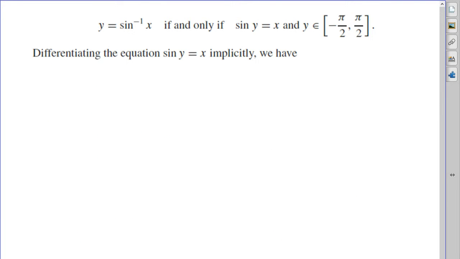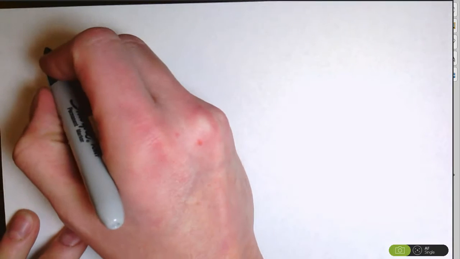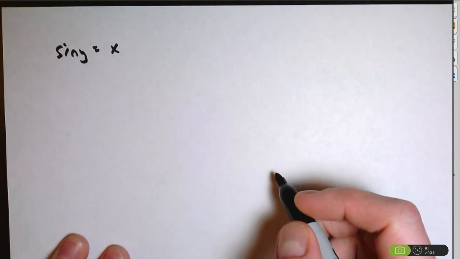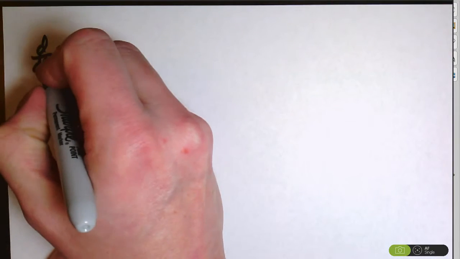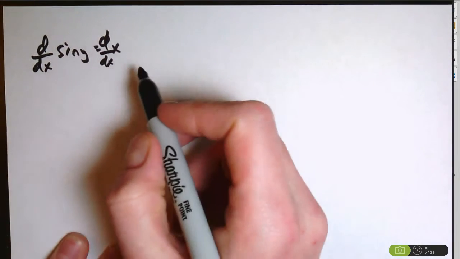Now, here's the first thing: how we derive y equals inverse sine of x. What we actually do is start off with this statement. That's why it's important that we have sine of y equals x. And we use the implicit derivative. So we do d/dx of both sides, but that means you have to do the implicit derivative on the left side.